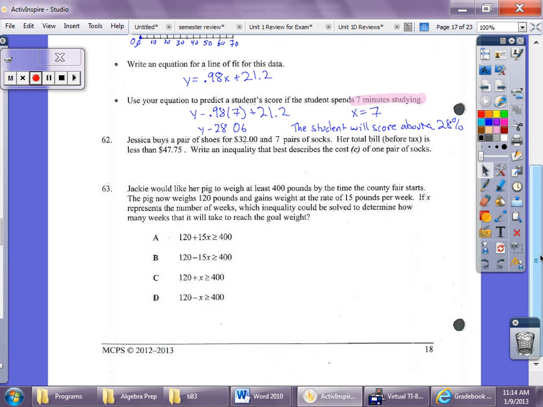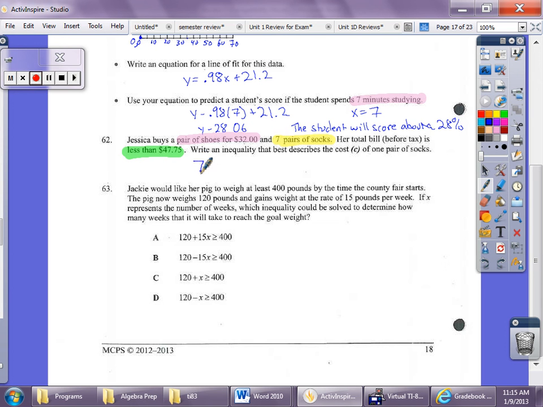62. Jessica buys a pair of shoes for $32 and 7 pairs of socks. Her total bill is less than $47.75. Write an inequality that best describes the cost. So what we know is that she bought a pair of shoes for $32 and 7 pairs of socks, and the total was less than $47.75.